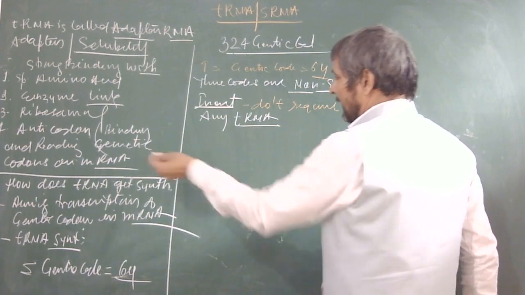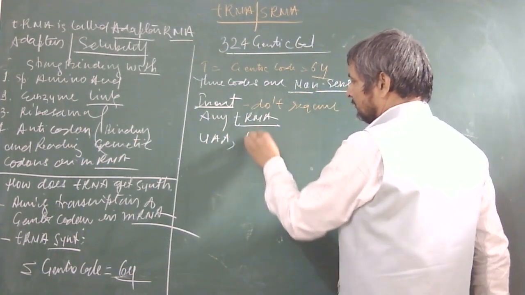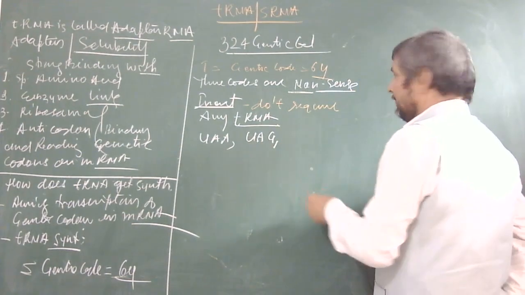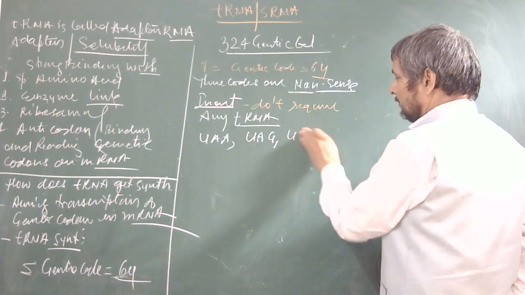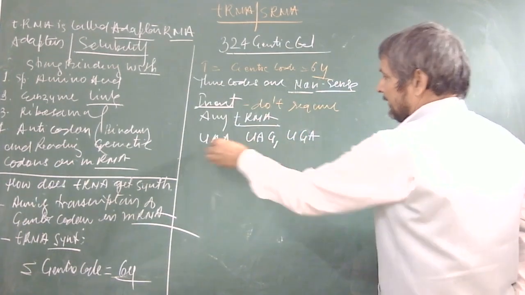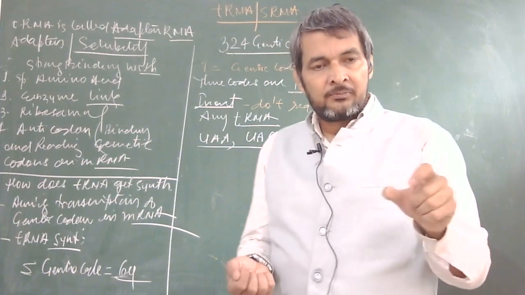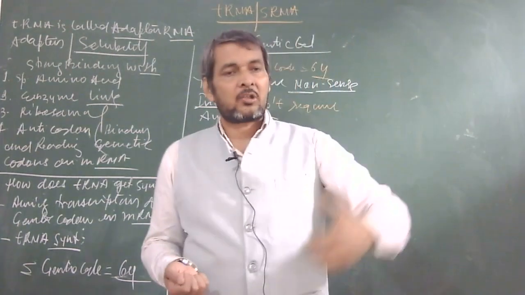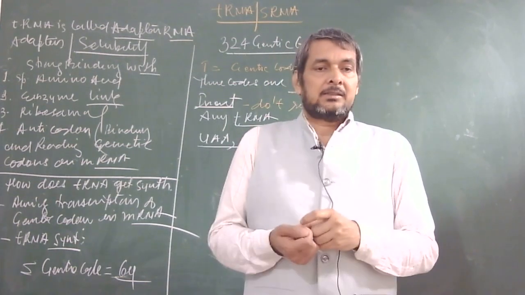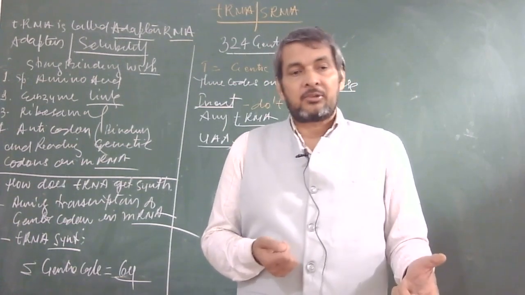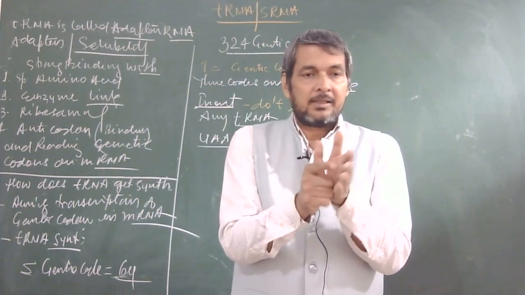And these codes are UAA, UAG and UGA. These are the 3 codons. Whenever these codons come across in the translatory process on the ribosome, they will not pick up any transfer RNA because they have no transfer RNA, and translation will stop.